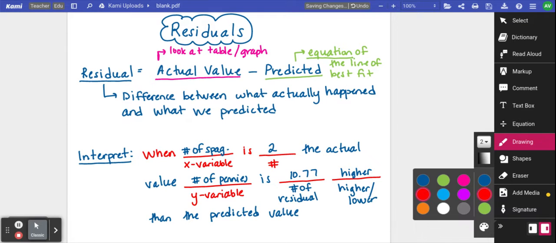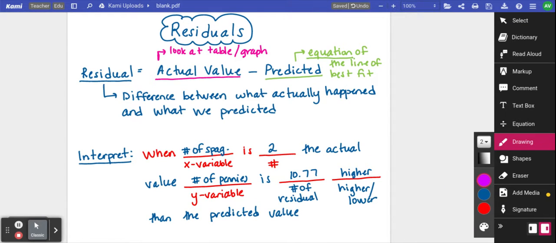Now, one note that I want to make is that you're going to choose the word lower here when the residual is negative. So if you get a negative number for your residual, then you choose the word lower here. And if you get a positive number, you choose the word higher here. And that is how we interpret a residual.